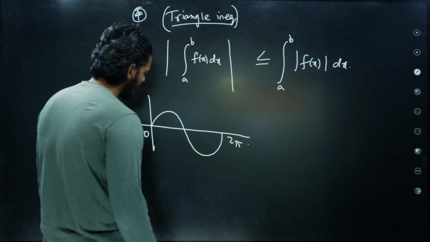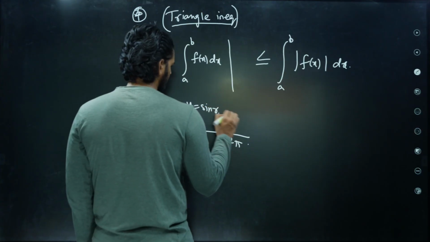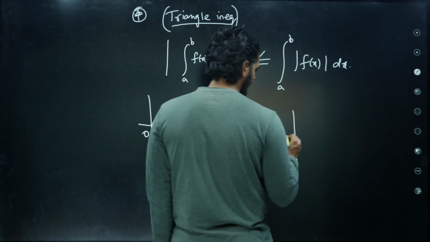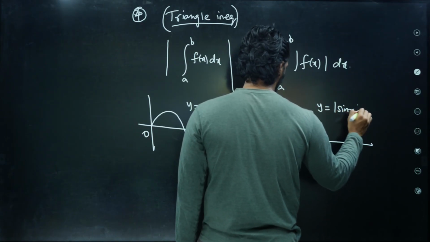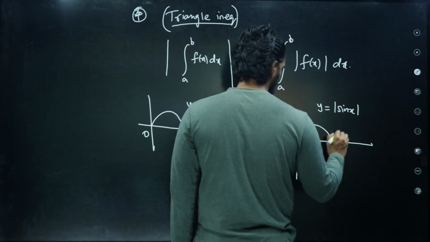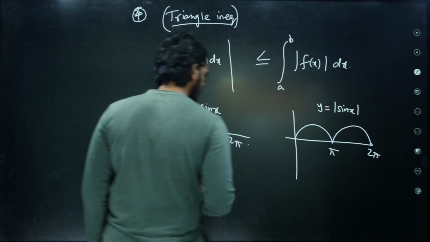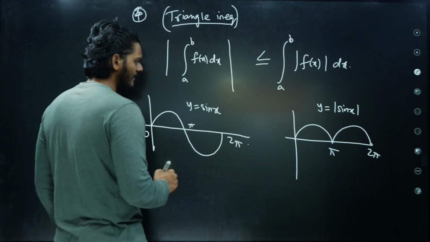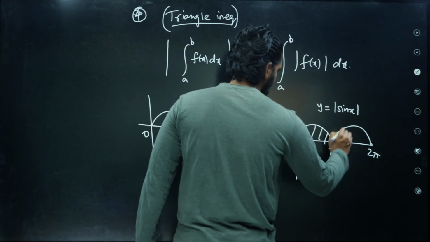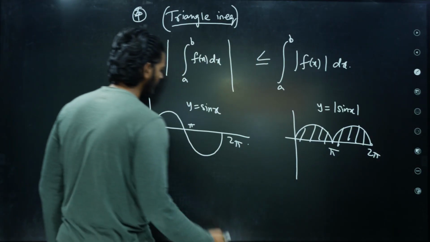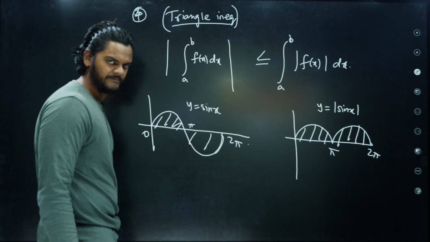This is y equal to sin x, and on the other hand I have y equal to mod sin x. So that will have something like this, right? This is pi here. Now obviously if you integrate this, it will be positive, but if I am integrating sin x, this will be included with negative.